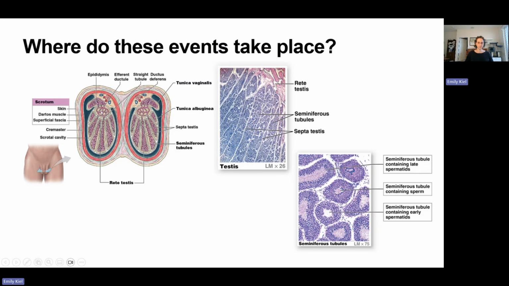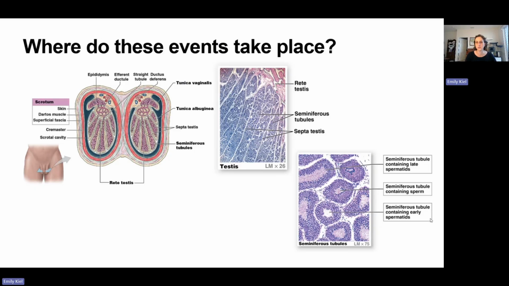So you want to know the pathway to go from the seminiferous tubules, through the straight tubule, through the rete testis, to the efferent ductule, to the epididymis, and then through that ductus deferens. Here you can see the ductus deferens peeking in the cross section.